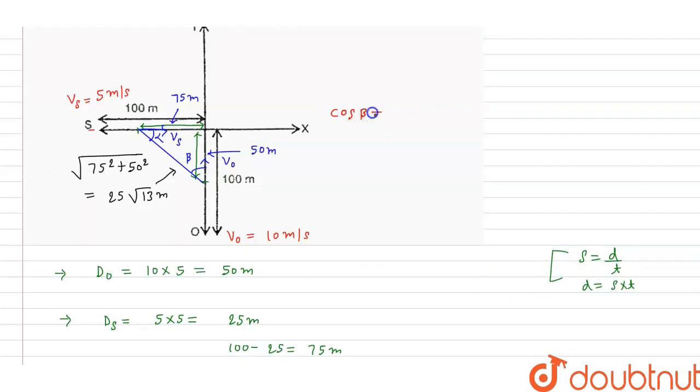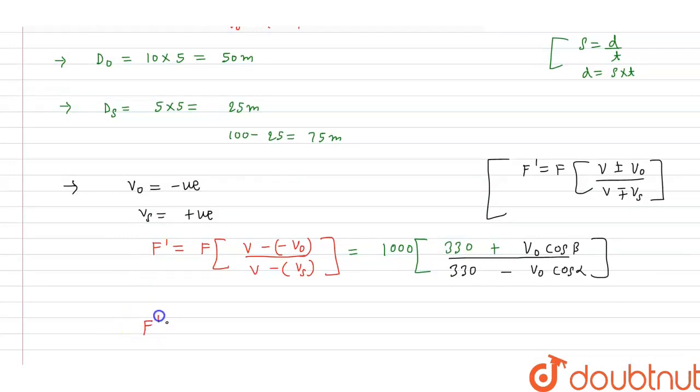We know that cos beta is equal to adjacent upon hypotenuse, which is equal to 50 divided by 25 under root 13, and cos alpha equal to 75 divided by 25 under root 13.